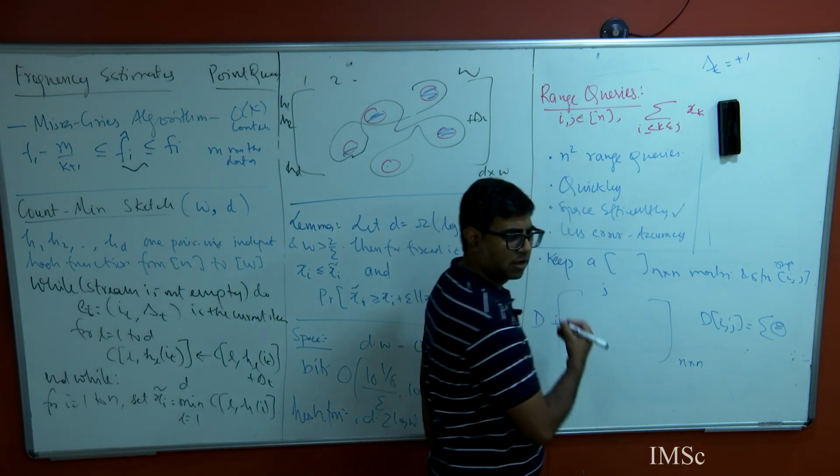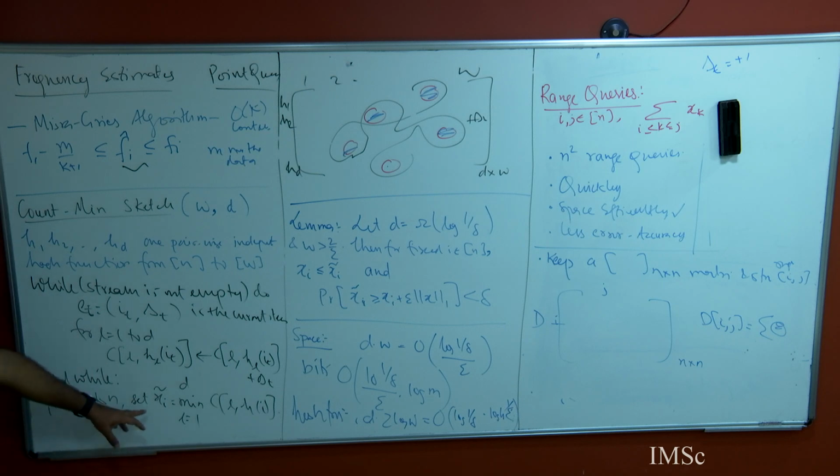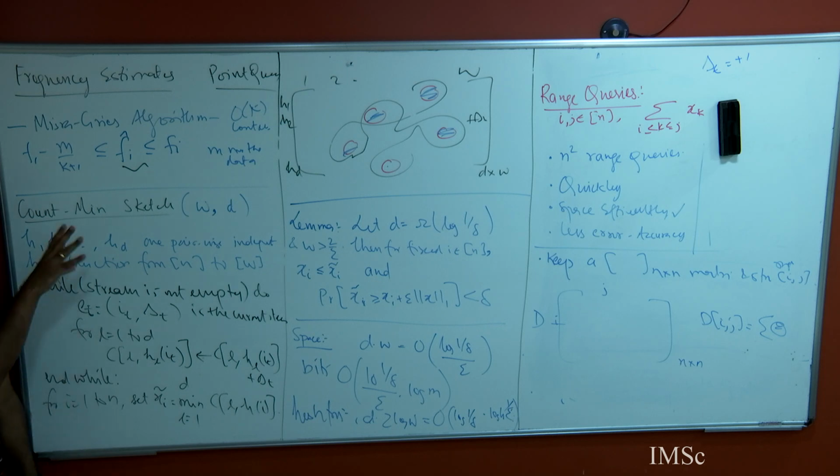I think we can also quickly answer this question. Suppose this xi tilde was correct, I mean it was exact, forget about error and this and that. But this is what I'm going to give you.